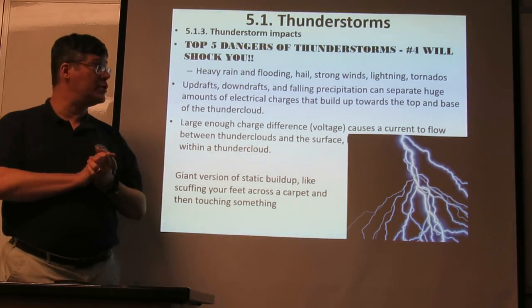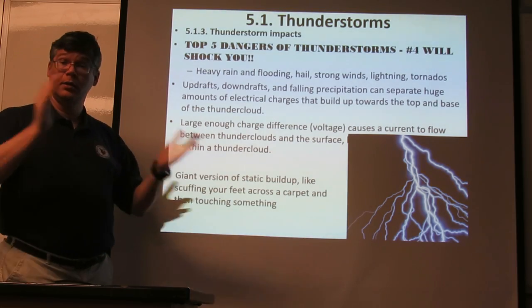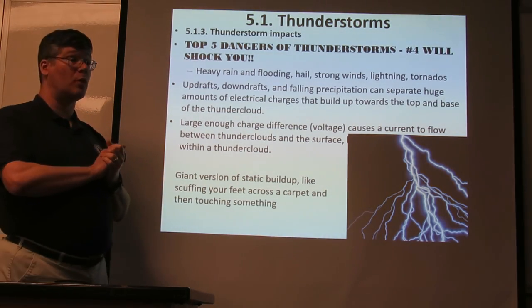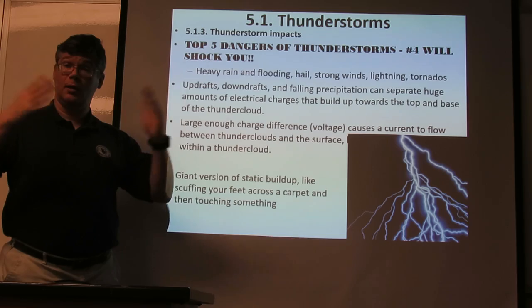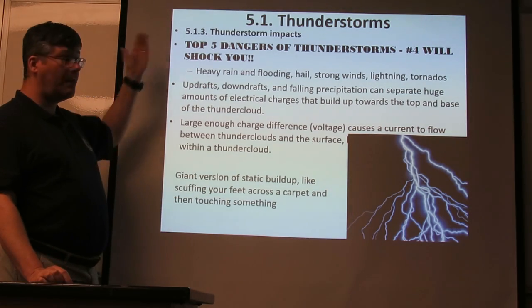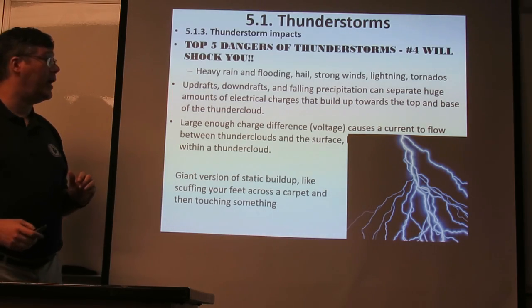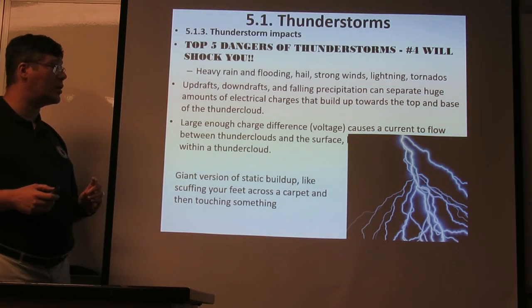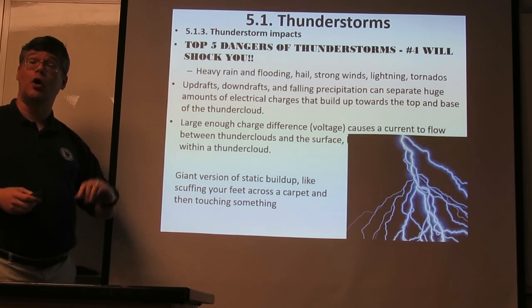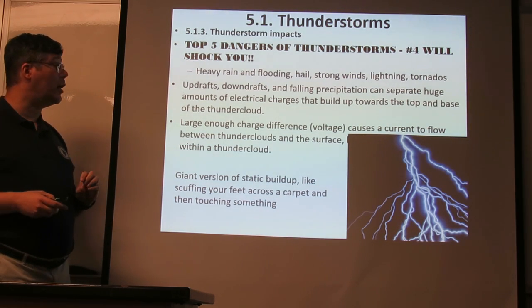That can be quite damaging. Strong winds associated with the storms. Lightning, the updrafts and downdrafts can separate electric charges and lead to giant sparks of lightning. And thunderstorms also are what produce tornadoes.